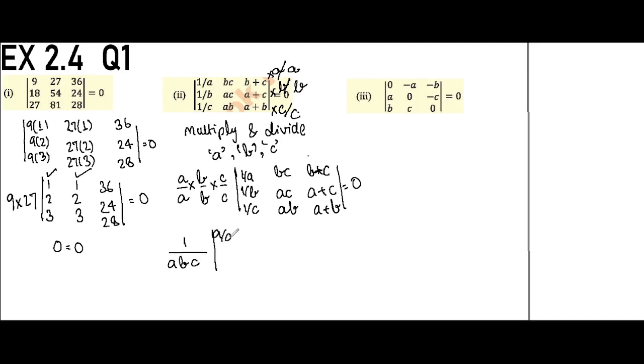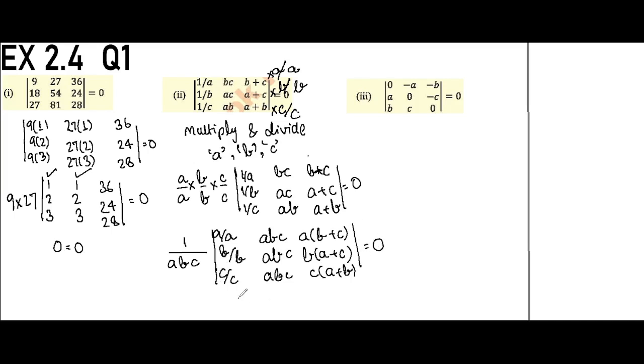So we have A by A, A times BC, and A into B plus C. Then we have B by B, B times AC, and B into A plus C. Then we have C by C. We are going to multiply C with the third row. So C times AB, and then C into A plus B. And this is equal to 0.